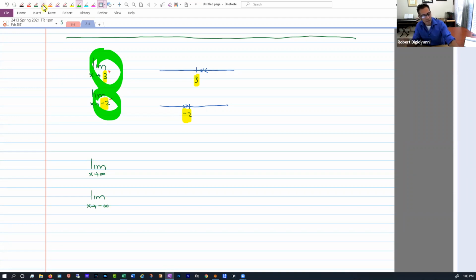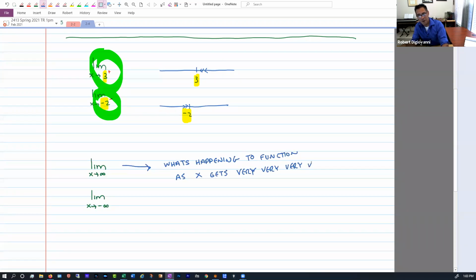So what we're saying when we do a limit like this is, what's happening to the function as x gets very big?